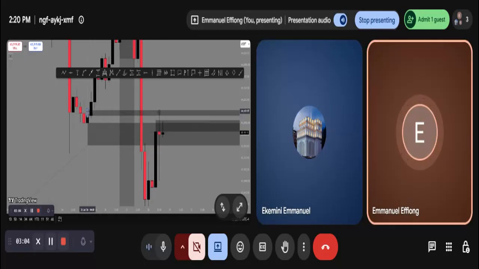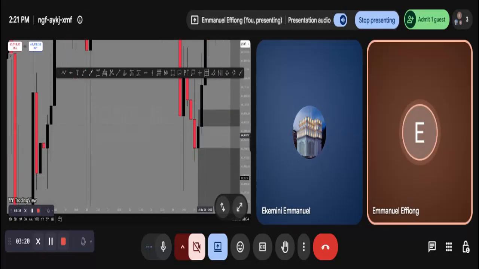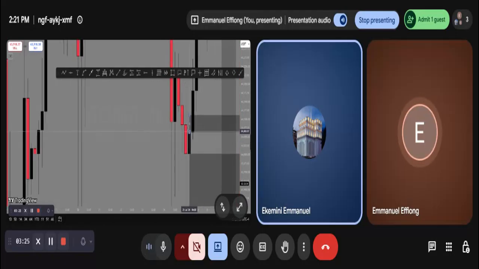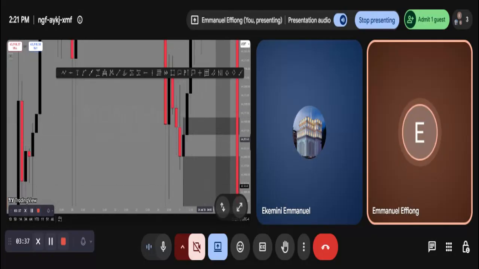You are partially correct. If we're looking at it in this view, this is where you would have been correct to call this an inside rejection candle. But now see what happened after the break.